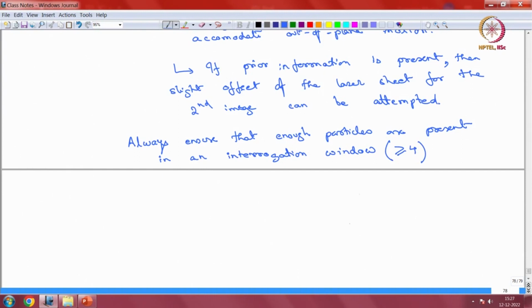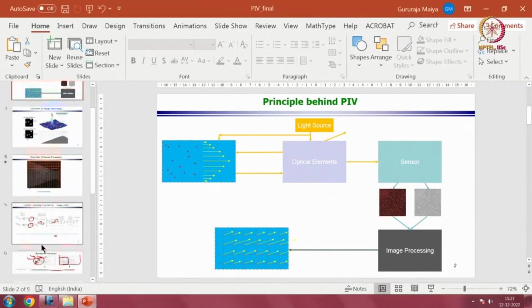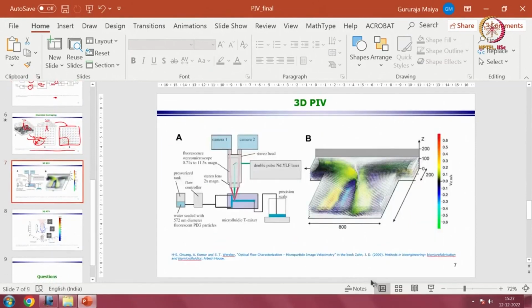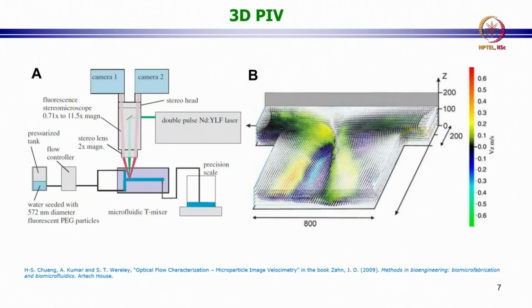Okay. So with that, I just wanted to also let you know that there are different techniques which do use three-dimensional particle image velocimetry. One such method is the use of confocal imaging, where you can image different planes successively and make sure that every plane has a very small depth of field, and then you go on tracing different Z planes with your microscope.